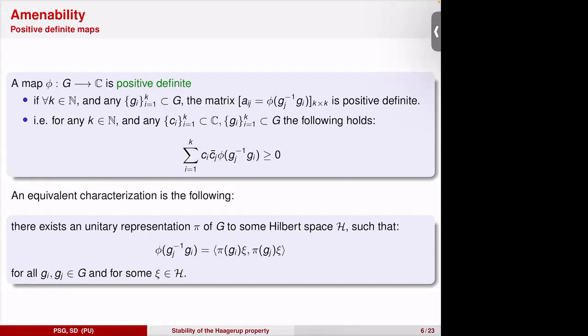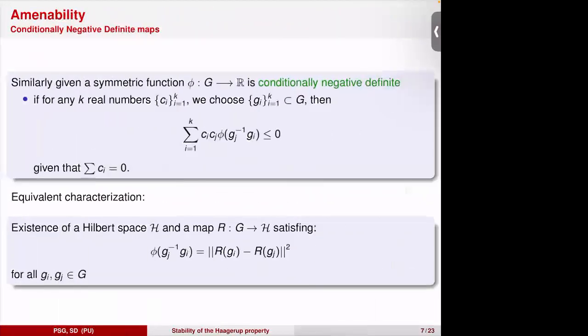Similarly, there is a notion of when a map is conditionally negative definite. Whenever I say that a function is conditionally negative definite, I will always assume that the function is symmetric, that is, the value on g and the value on g inverse are always the same.